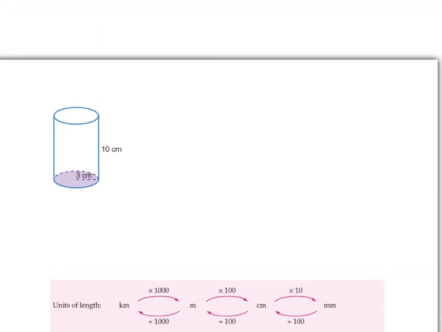Okay, so this one, you've got a circle which has a radius of 3 centimeters and a height of 10. So you first of all work out pi times 3 squared, and then multiply your answer by 10.